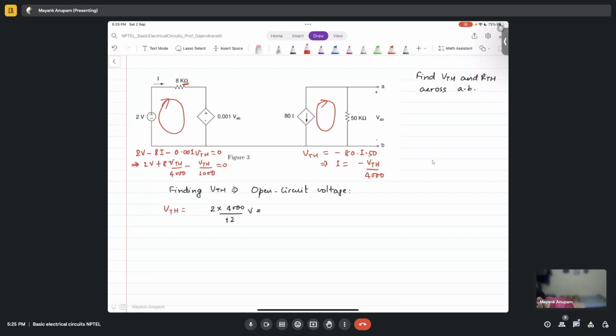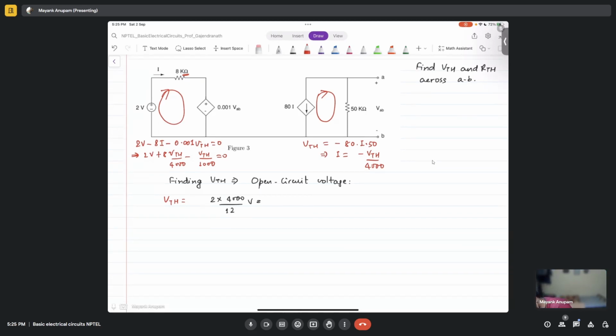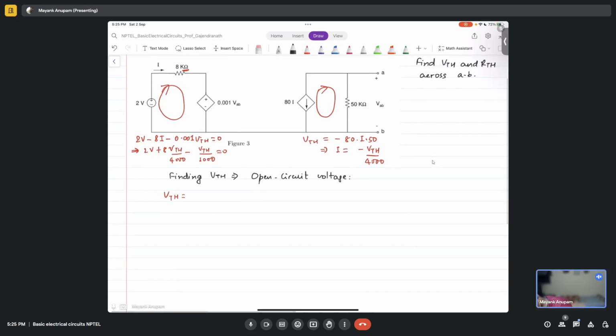Yes, this is clearly wrong. So it is 8 minus 4, so it is 4. So it is 4 VTH by 4000, so 8 by 4. So it is simply 2 VTH by 1000. So it is VTH by 1000. So 2000.